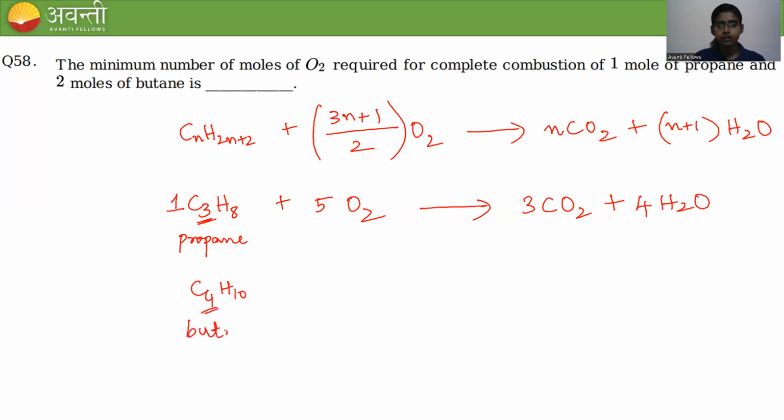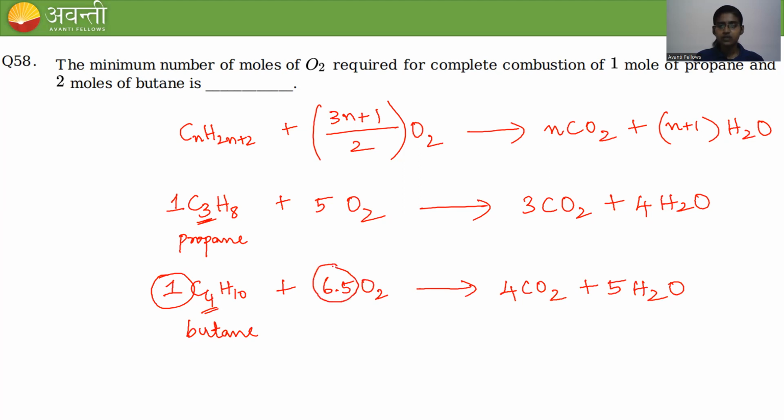For 1 mole of butane, 3 fours are 12, 12 plus 1 is 13, 13 by 2 is 6.5 moles of oxygen, giving 4 moles of carbon dioxide and 5 moles of water. So 1 mole of butane reacts with 6.5 moles of oxygen.